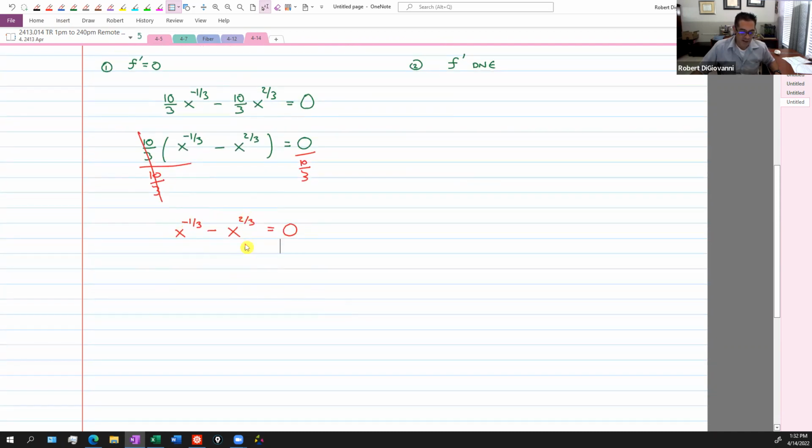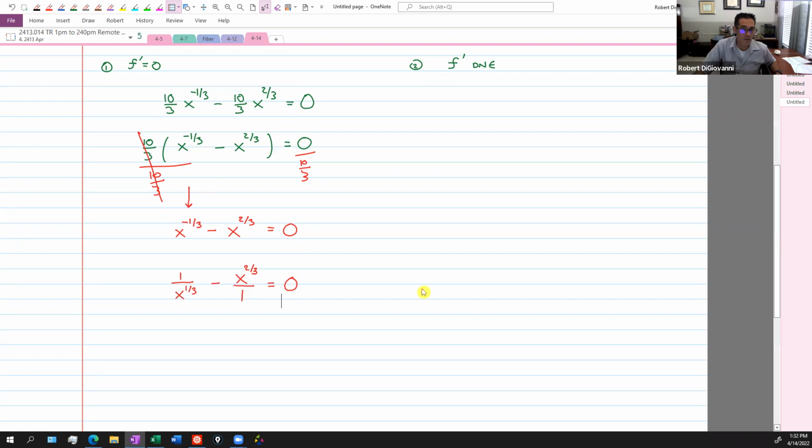Now there's a lot of different things you can do here algebraically, but let me just show you how I would do this. I would notice that this first term has a negative power. So I'm going to rewrite this as 1 over x to the 1/3 minus x to the 2/3 over 1 equals 0. Why do you think I wrote it as a fraction?